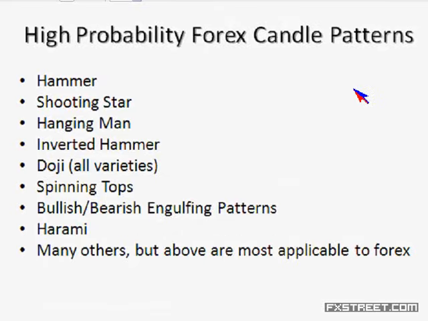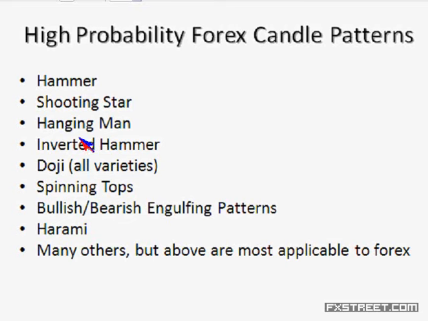Okay, the high probability forex candle patterns that I pay most attention to, and this is a little bit in order of importance, at least the very first two are my most important ones: the hammers and the shooting stars. What is a hammer? What is a shooting star? I'll get to that in a minute.